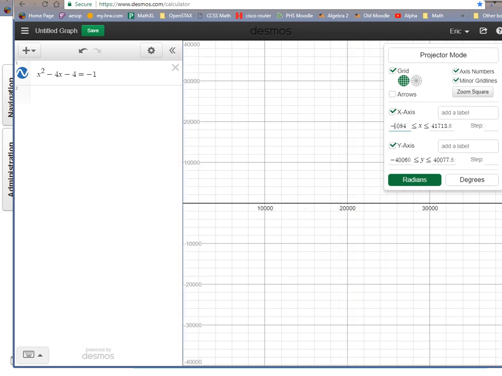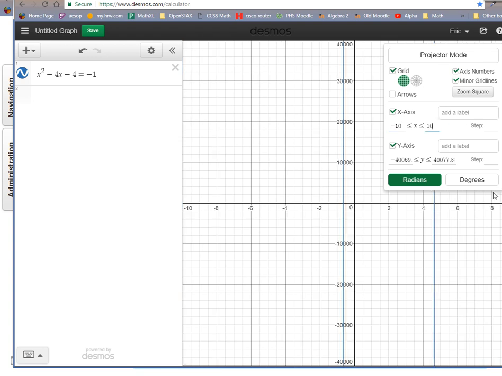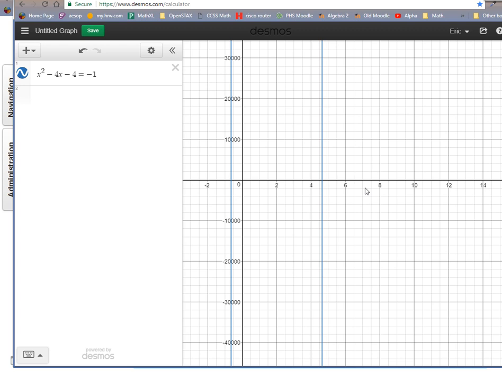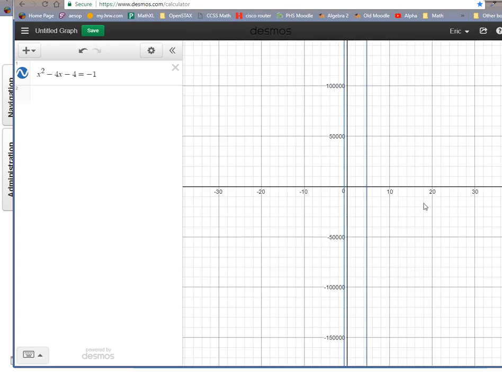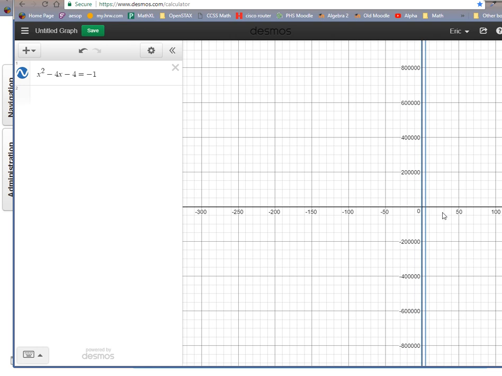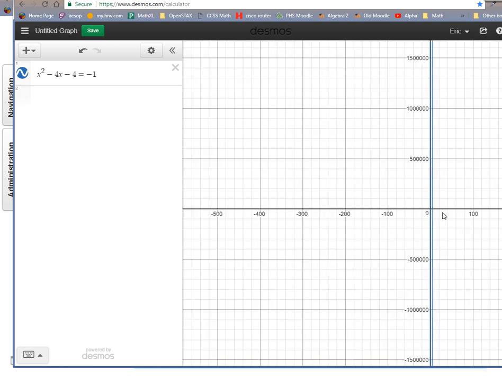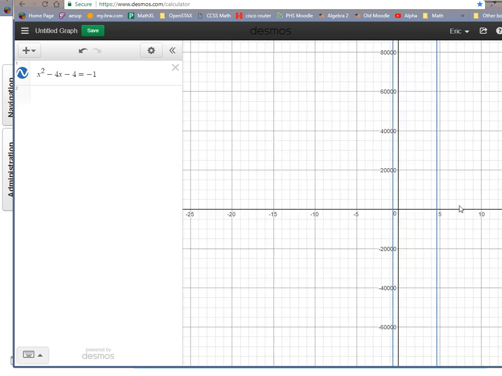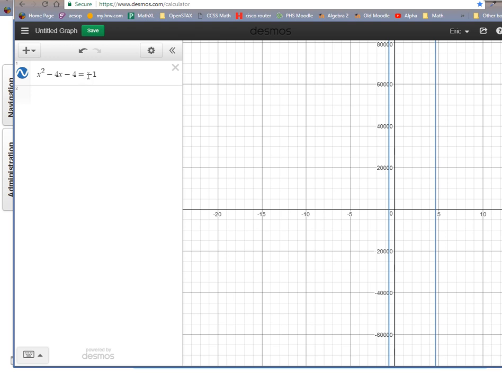So if I go negative 10 to positive 10. Okay, I'm still not, where the heck is the vertex on that? Okay, I'm not convinced this is working.